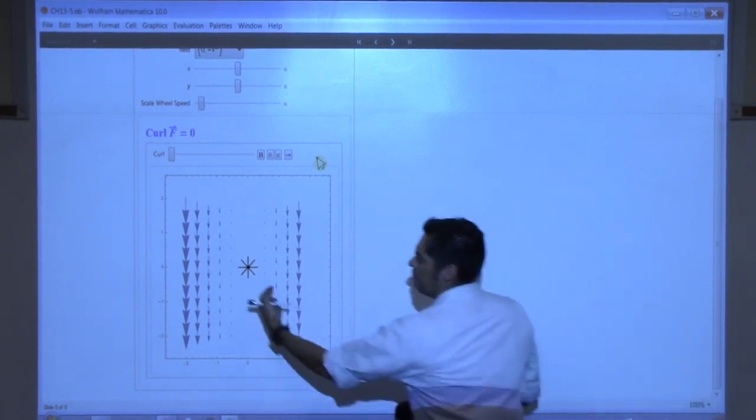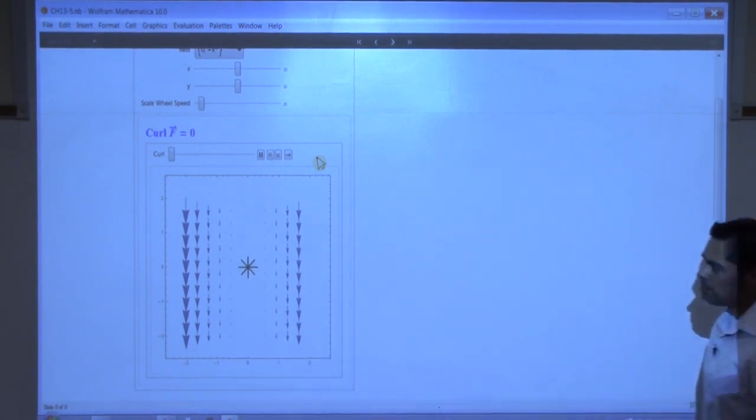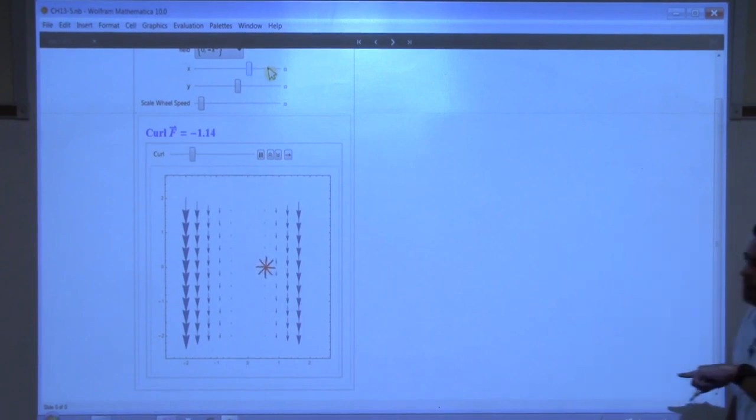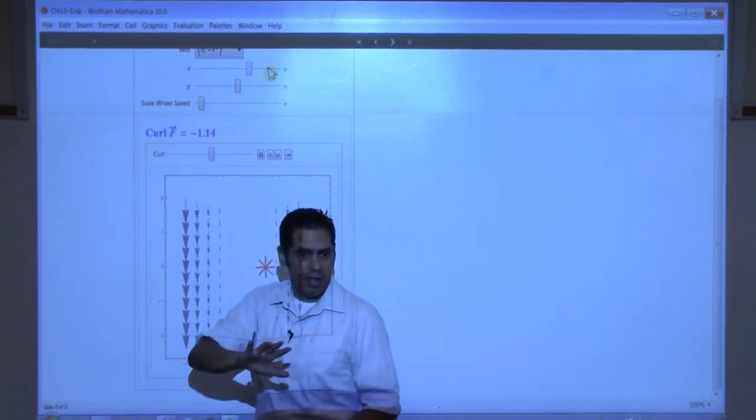What's going to happen if I slide my point to the right? What's going to happen? I should start spinning which way? Clockwise? Let me try. Okay, you see that? Clockwise rotation. And I'm having the computer calculate the curl for us, which I haven't shown you how to do.